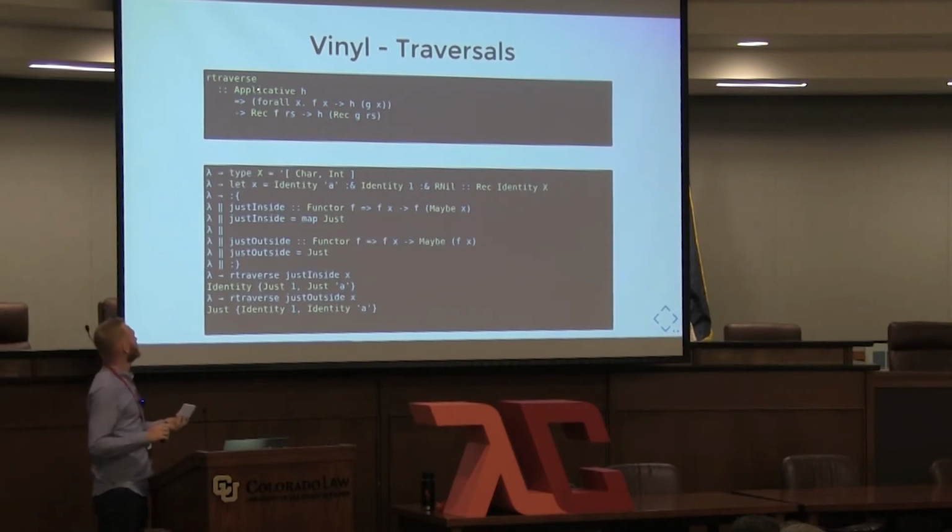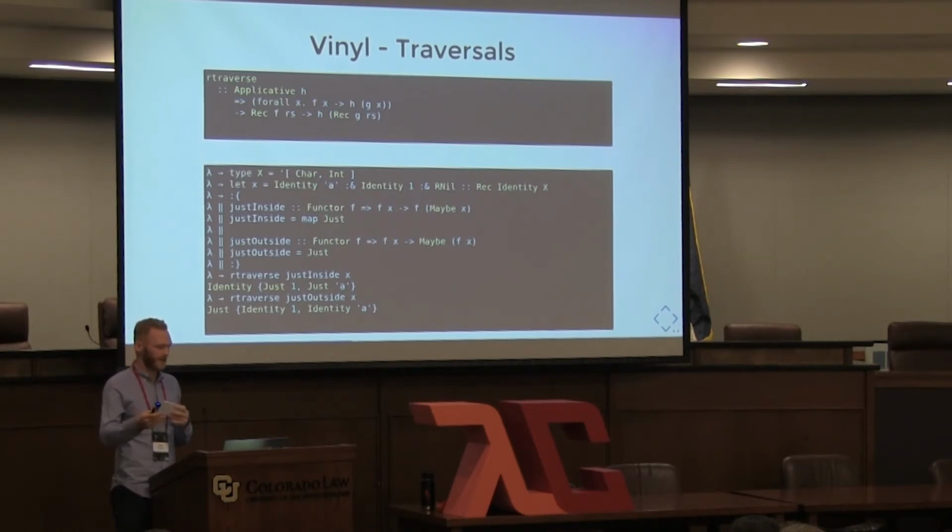So our traverse is a function that will take a traversal of all your fields and apply it to your functor, and you'll get that effect wrapped up. It's the same thing as monadic traverse, except you can do it on records.